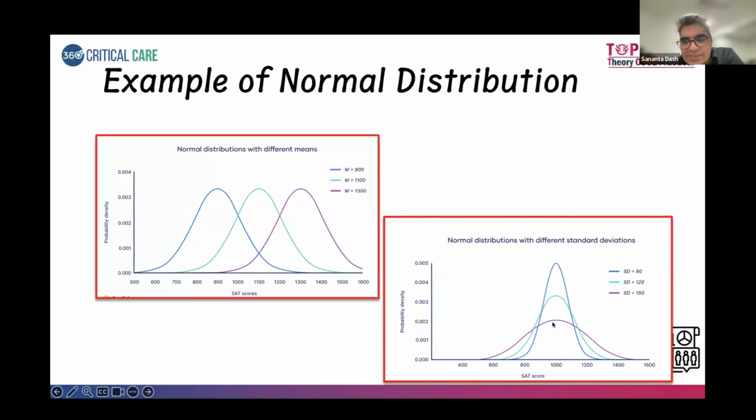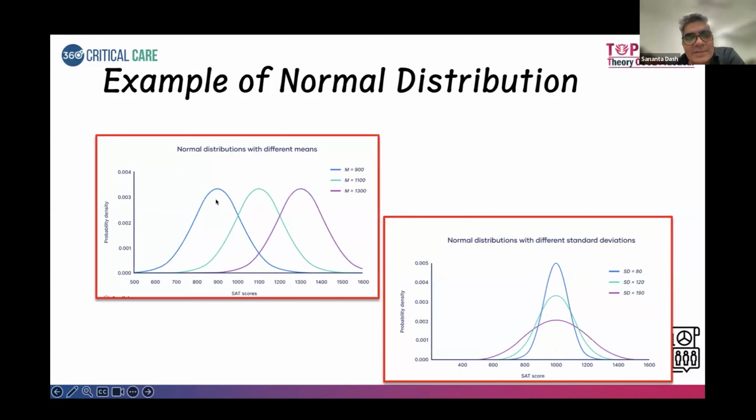We'll talk about that. So the mean can be the same, but the distribution can be different. The distribution can be the same and the mean can be different. That's what I meant to say in this case. But all of them are normal distribution curves because they are bell-shaped. Each half is a mirror image of the other.